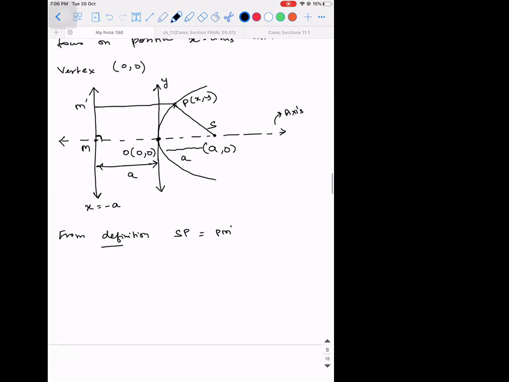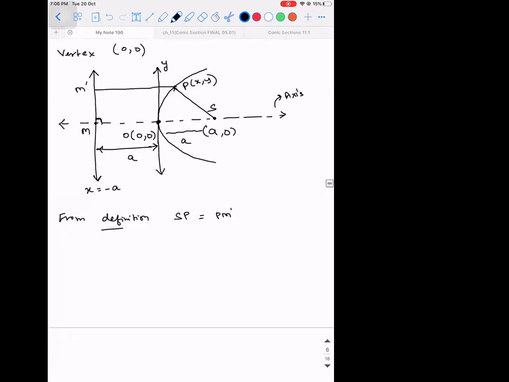SP will be equal to PM dash. So what is SP, guys? Root of (x minus a) the whole square plus y square. What is PM dash?